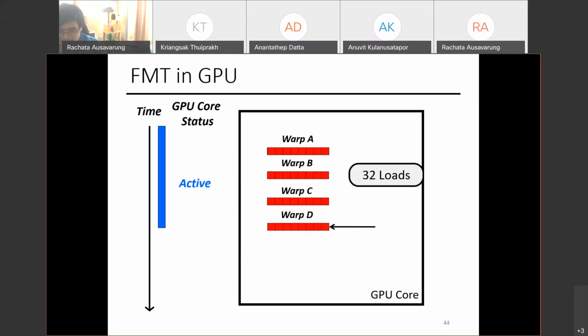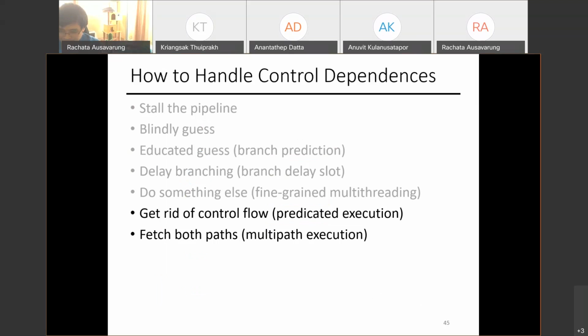Then you are blocking the execution and you stall until some of them become available and you can proceed again. This technique is called fine-grained multithreading, and it can be used to tolerate some of the latency of branches, so you don't have to pay the penalty. Here, you don't even predict. Instead of predicting, I'm going to run something different. That's the solution of doing something else.